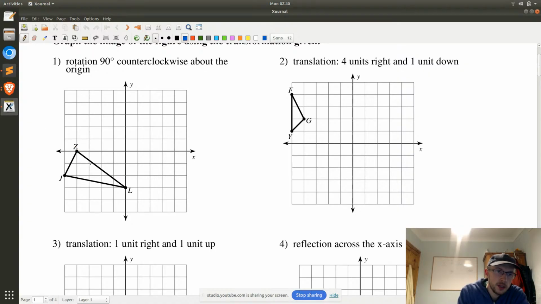Okay, 90 degrees counterclockwise, so Z will end up here. J will end up there. Oh, yeah, of course, that makes sense. And L will end up there.